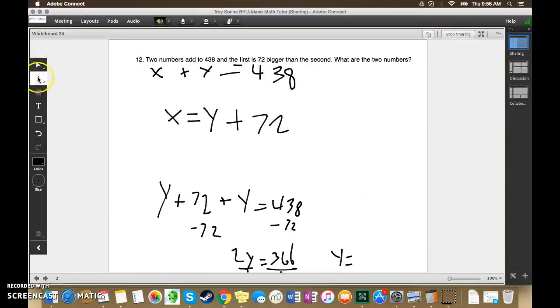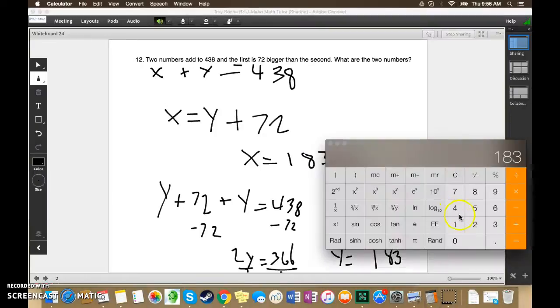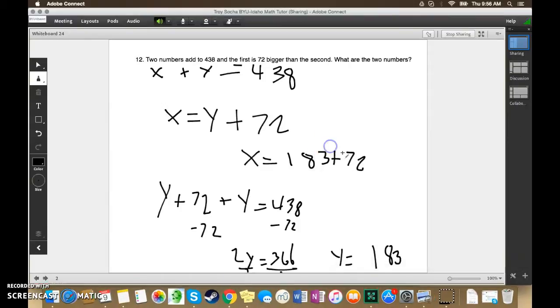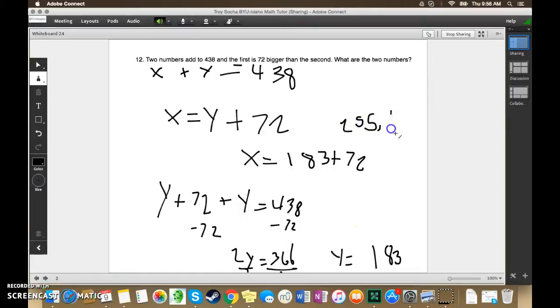All right, so we know one of our numbers is 183. Now we're going to plug 183 in for y. So it's going to be x equals 183 plus 72. And when we do that, we get 255. So our two numbers are 255 and 183.